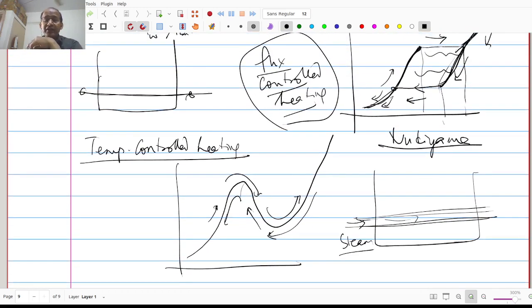entire curve. So this transition boiling region is actually an unstable region. It doesn't stay stable unless you maintain very specific temperature difference conditions, and only when you do that using temperature controlled heating, then you get that part of the curve.